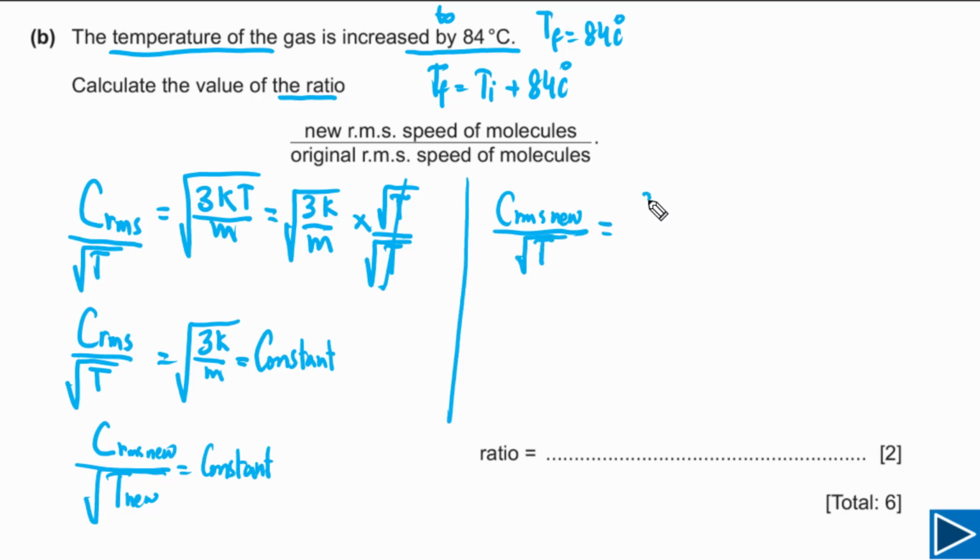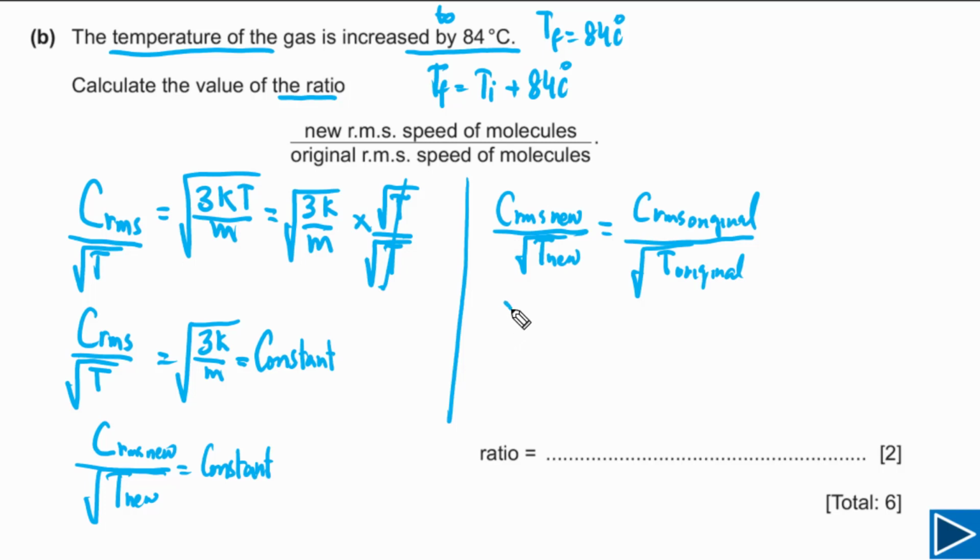This will be equal to c RMS original divided by the root of the original temperature. I can simply say this is original, and this is the new temperature, divided by the initial temperature. Now simply we need to rearrange them and we can find our final answer.